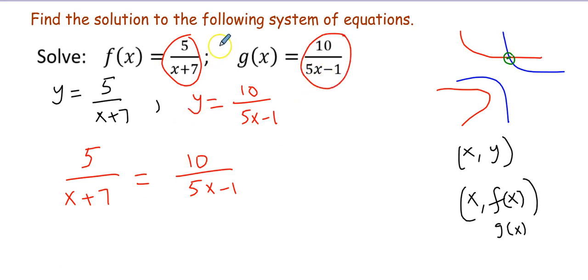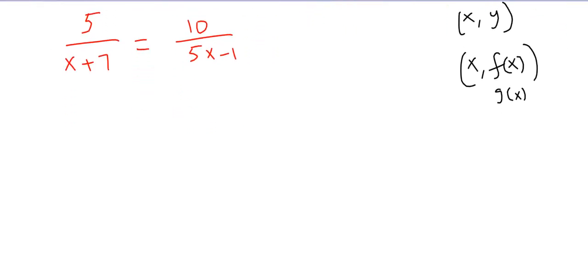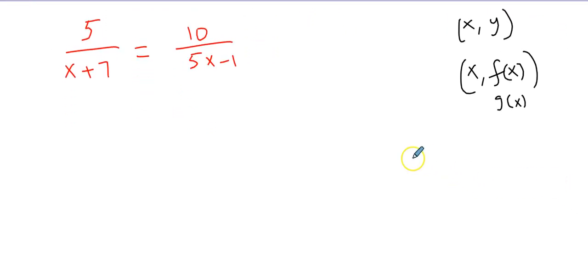Now we have transformed this given system of equations into a single equation. You have two rationals separated by equality, and it became an equation. From this point on, we just have to follow the process of solving rational equations. So how do you do that?